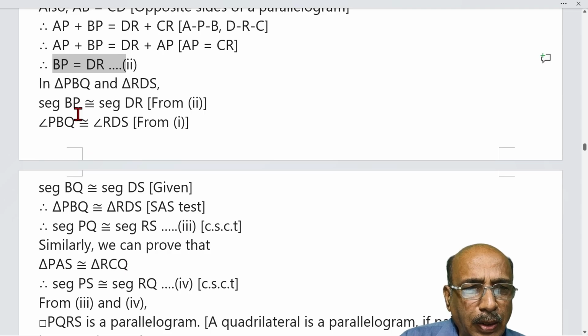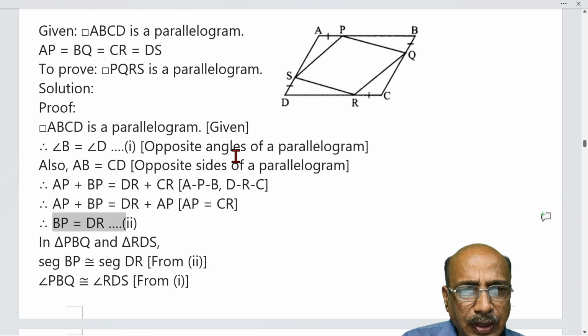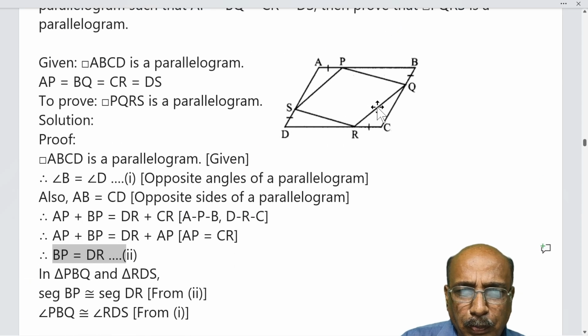In triangles BPQ and RDS: DS is congruent to BQ, given. DR is congruent to PB, proved here.